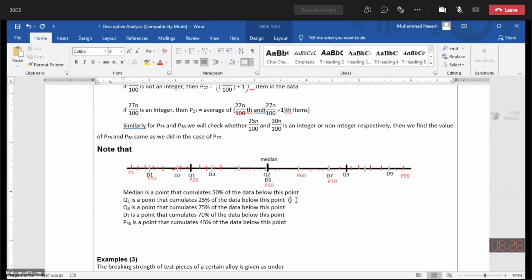That is the quarter part, that is n by 4 in this case. This is the ratio, and this ratio is 25%.